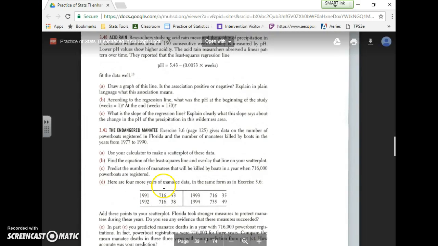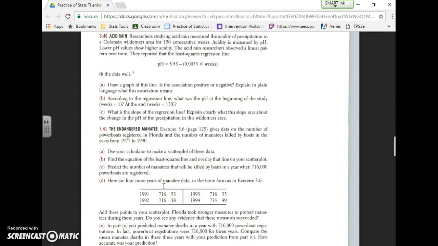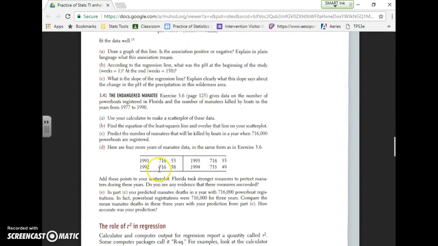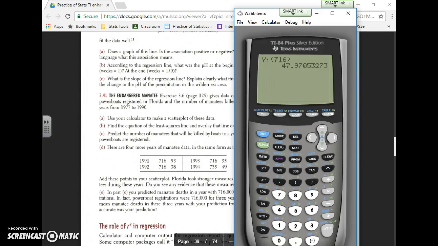So D is asking you to add 4 more to your data. Previously the data had stopped at 1990, and now it's including 4 more years. So you'd have to actually enter this into the calculator if you want to add this to your scatter plot, and you also want to add it to your sketch. So I'm going to go ahead and add these in. By the way, it's actually faster to go up instead of down.